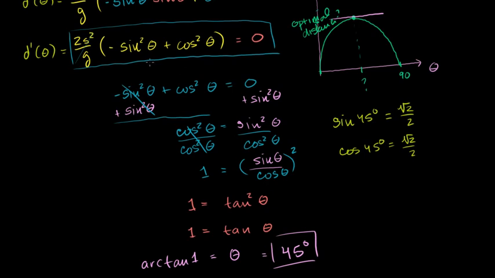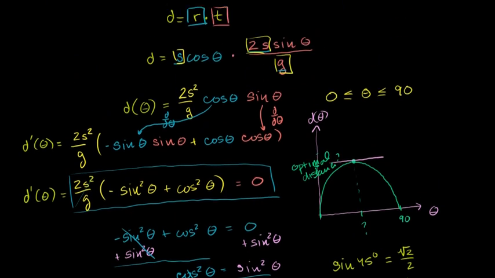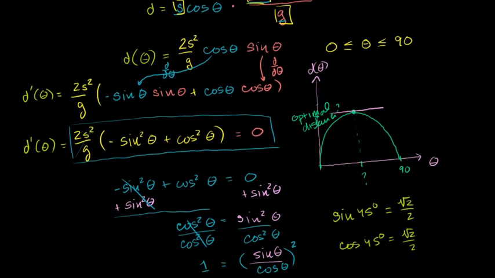But given this, we can put it back into the original expression, our original function, for the optimal distance that we are going to travel. The distance we travel at 45 degrees is going to be equal to 2s squared over g times cosine of theta, which is square root of 2 over 2, times sine of theta, which is square root of 2 over 2.